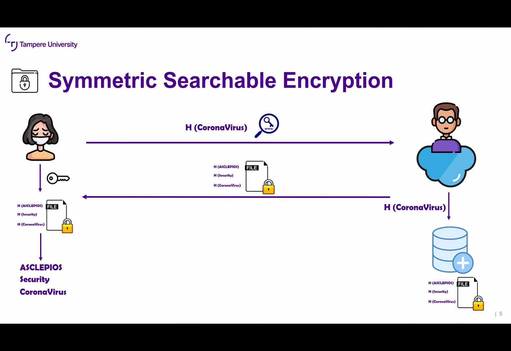There are several properties that we need to take care of when we build SSE schemes. For example, it's important to look at what forward and backward privacy is.